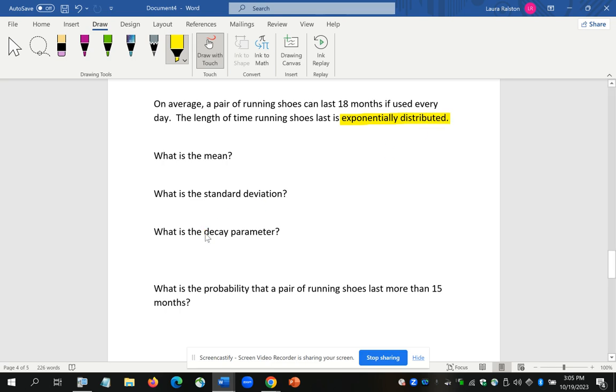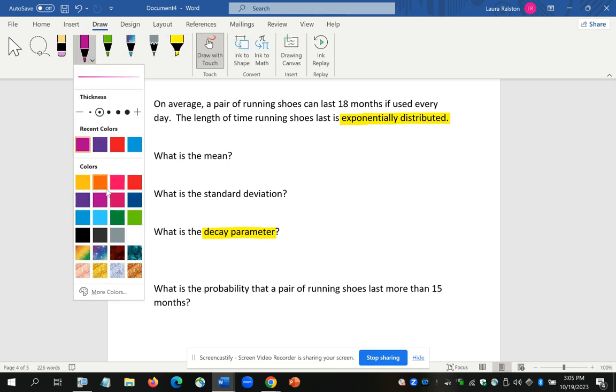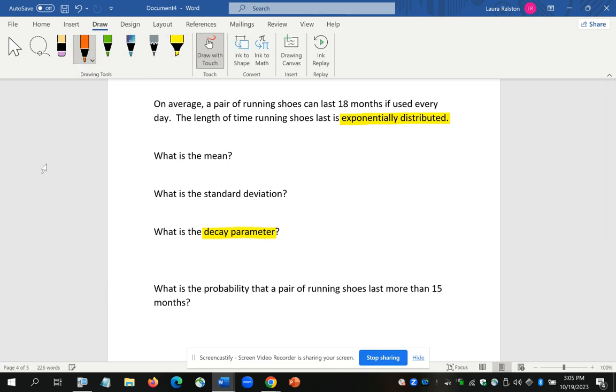I also noticed that later on it asked me for the decay parameter, which is another clue that I'm doing an exponential. It says on average, average is another word for mean. A pair of running shoes that's used every day lasts 18 months. So my mean is 18 months.